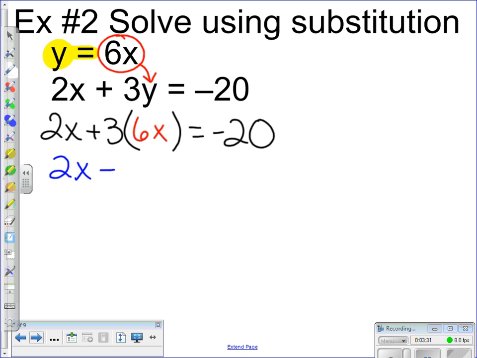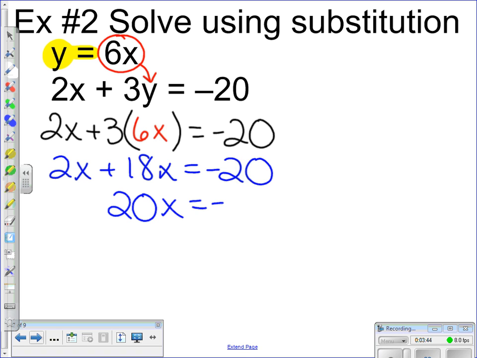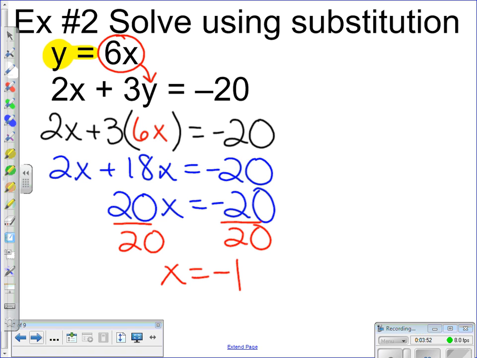3 times 6 will make 18x. Notice you have an 18x and a 2x next to each other. Combine like terms. That's going to make 20x. One final step. Divide by 20. And x equals negative 1. But don't stop there.